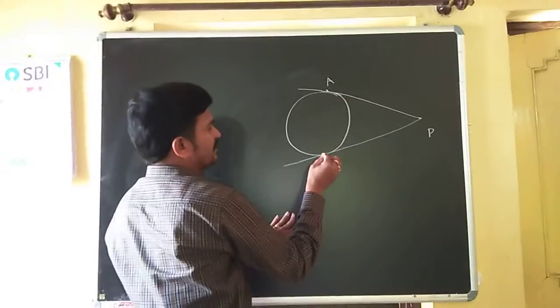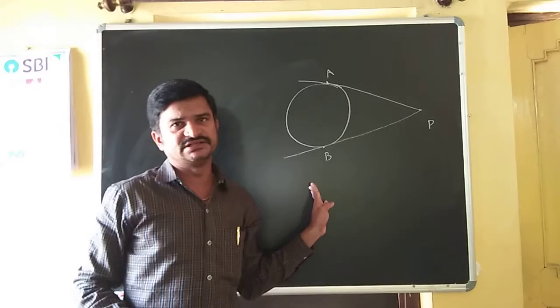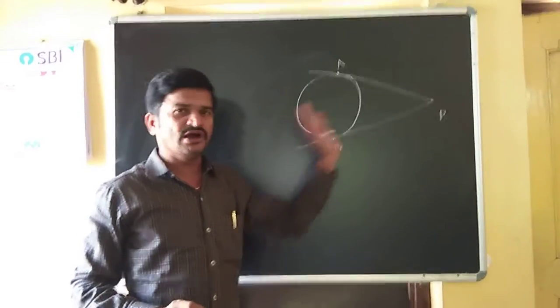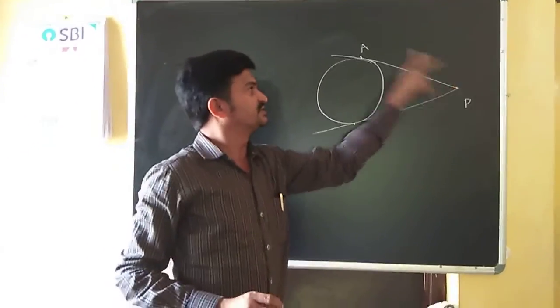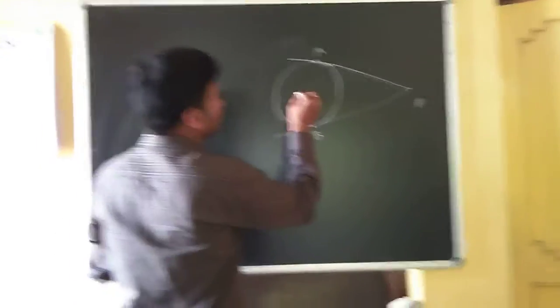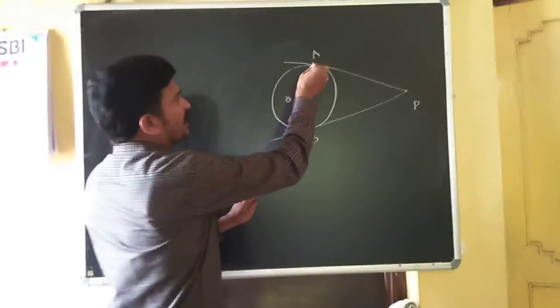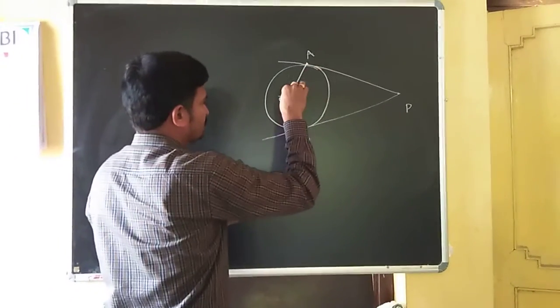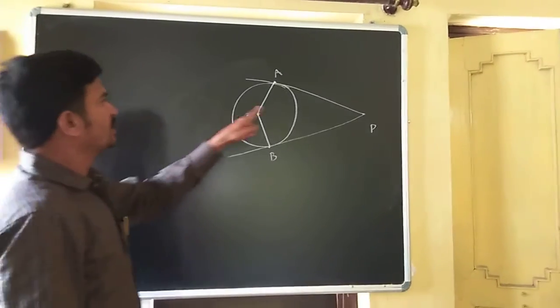This is A, this is B. PA and PB are two tangents, isn't it? And we all know the foremost point we have learned previously, these two tangents are equal in length. Okay. Now here, what is the new point we are going to learn? Mark the center O and join this, isn't it?